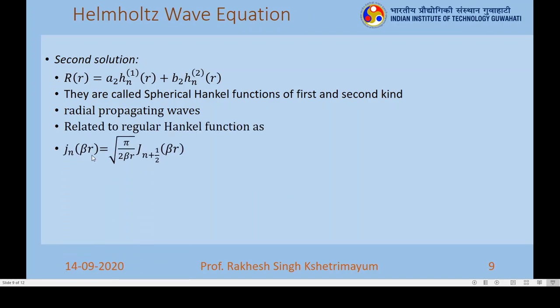If I want to get hn beta r, I just multiply by square root of pi by 2 beta r with Hn plus half beta r. Here you can also observe that the wave is varying with respect to distance r as 1 by r. That's the signature for the spherical waves. We are getting it here also.